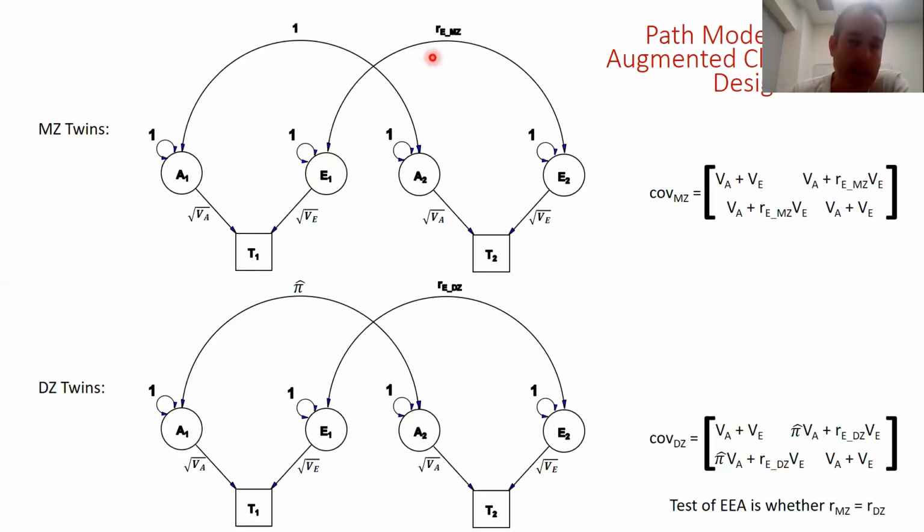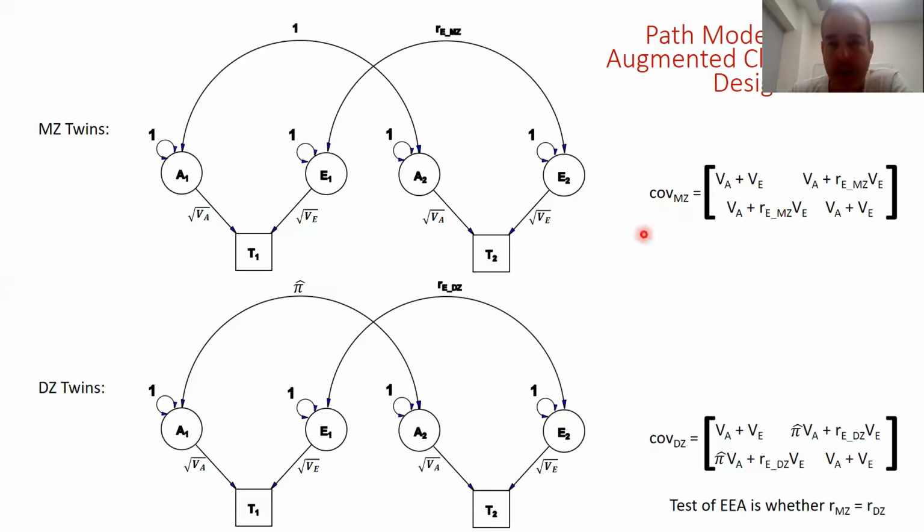And so here, in order to parameterize the augmented classical twin design, we've got 2 different correlations, an RE for MZ twins and an RE for DZ twins. And so the test for violation of the equal environments assumption is whether those 2 correlations are different.